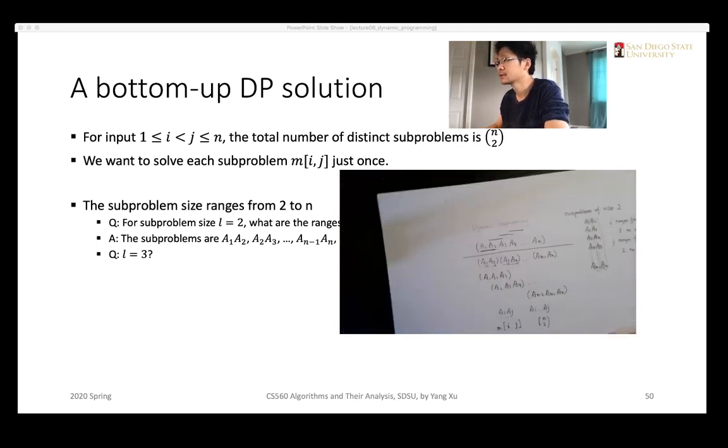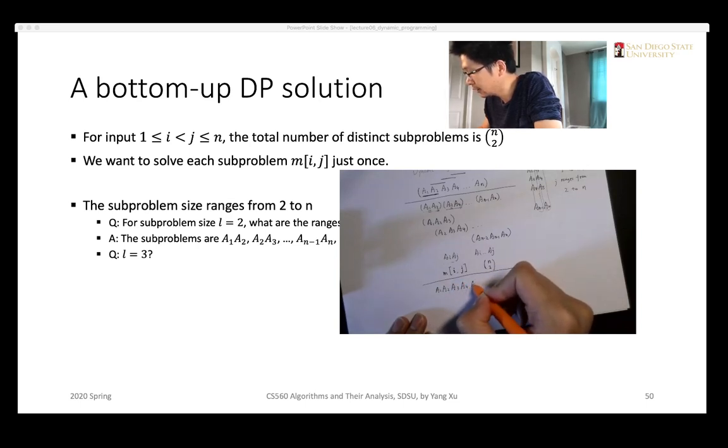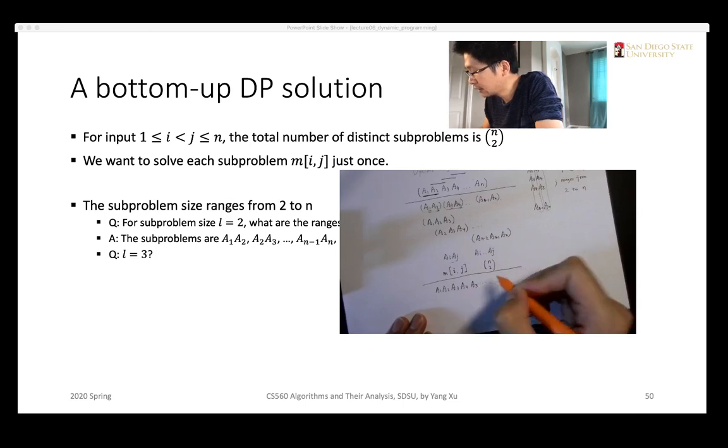So let's write this again. If we have A1, A2, A3, A4, A5, to A(n-2), A(n-1), and An.